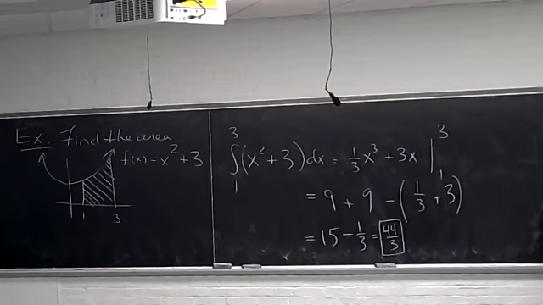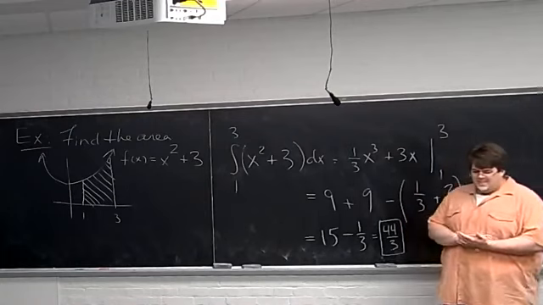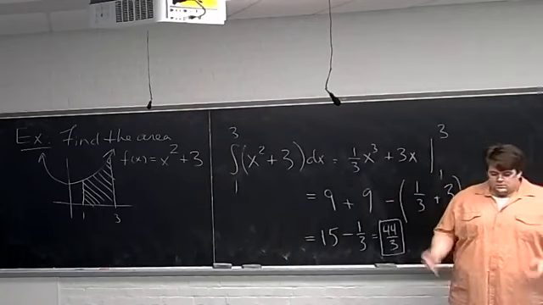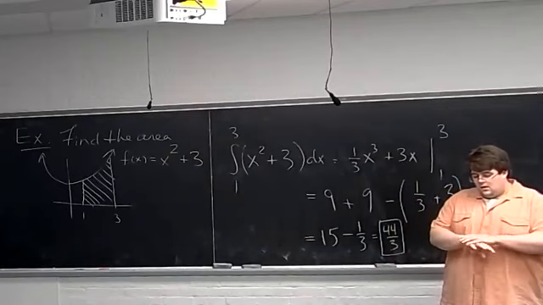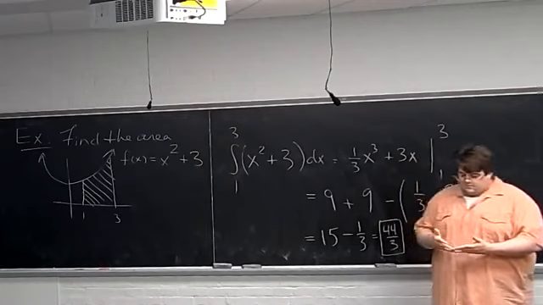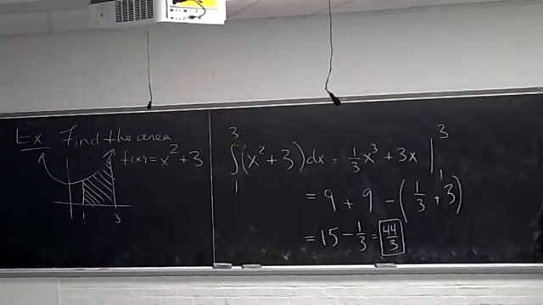So while I won't on the final ask you to evaluate the limit like in 9b, it's definitely worth some time in the next 8 days just comparing once I post the answers for 9a and 9b from worksheet 5. Definitely look at that just to see how nice the second part of the fundamental theorem of calculus is.